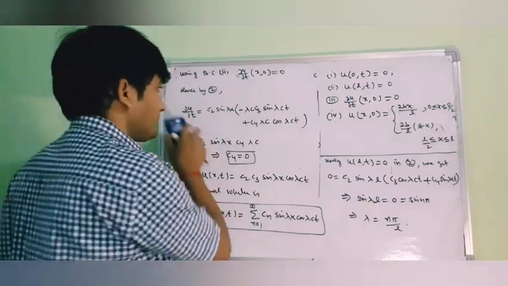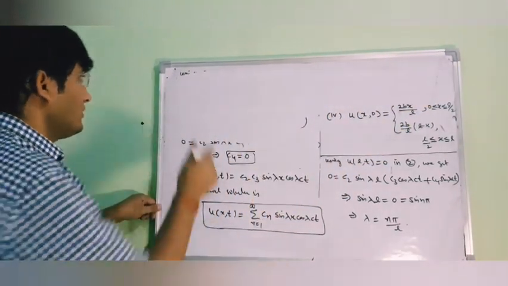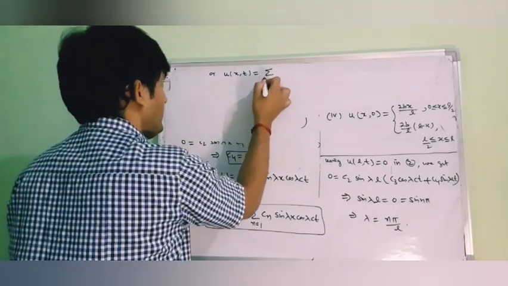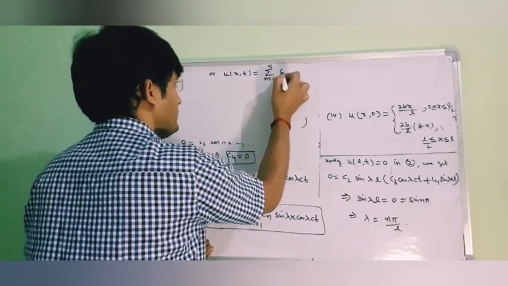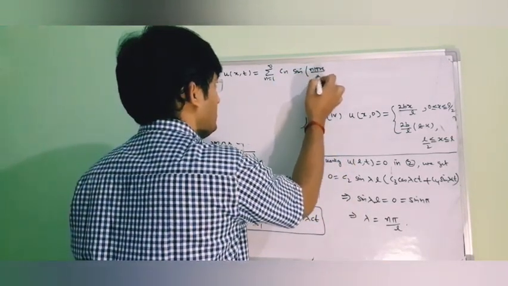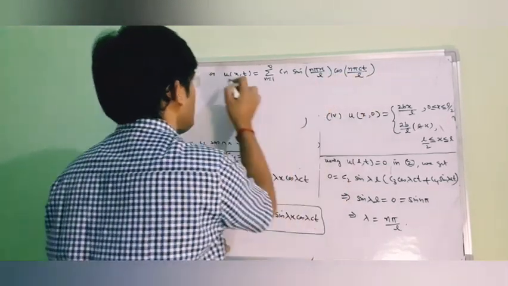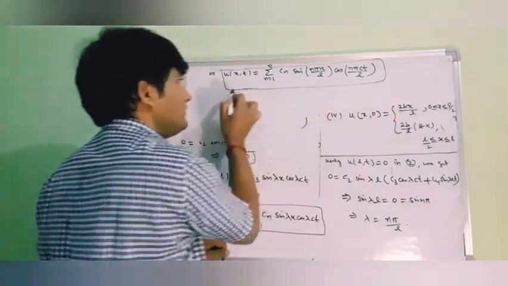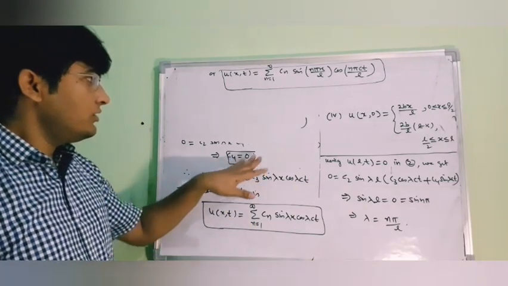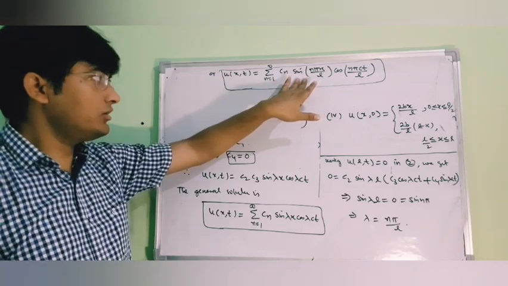Or we can say that u(x,t) equal to summation n equal to 1 to infinity cn, put the value of lambda, sin n pi x upon l into cos n pi ct upon l. So this is the most general solution of the wave equation when the initial velocity is 0. Now if the initial velocity is non-zero, then we will use a different technique, but when the initial velocity is 0, this will be the solution for all the problems.